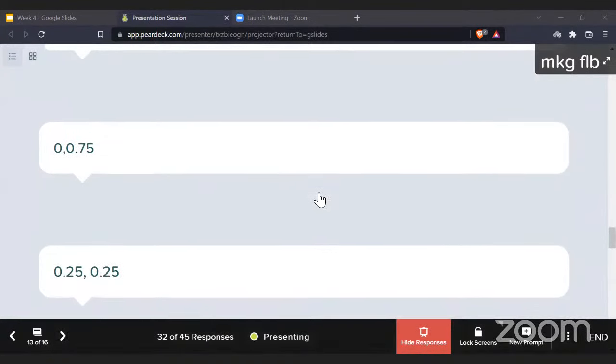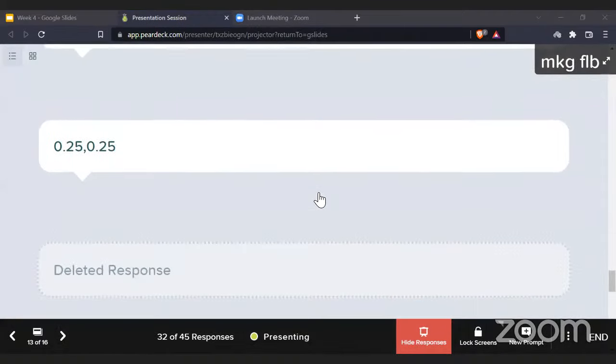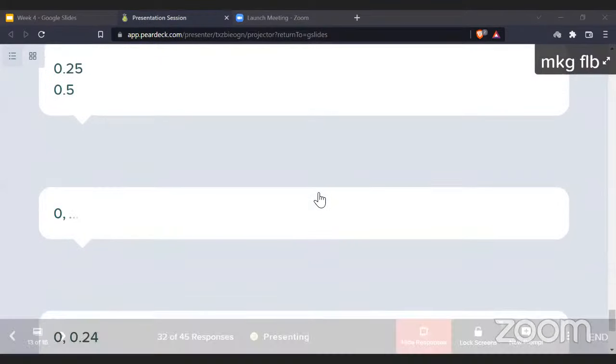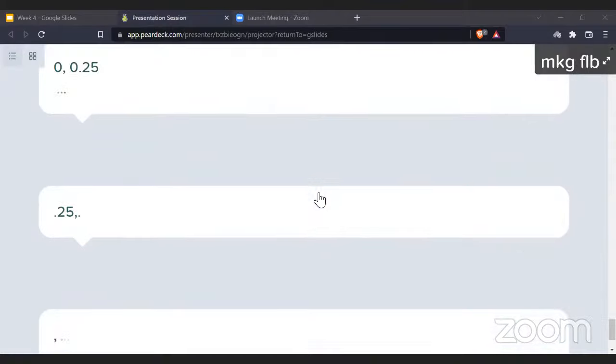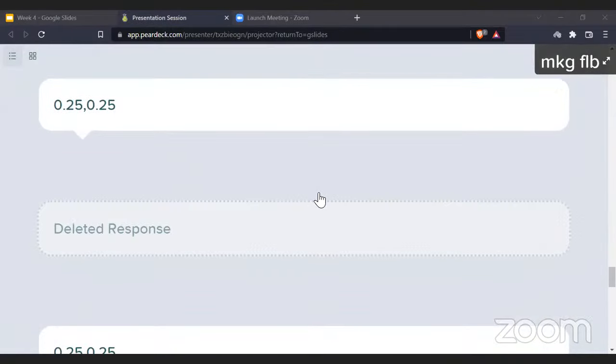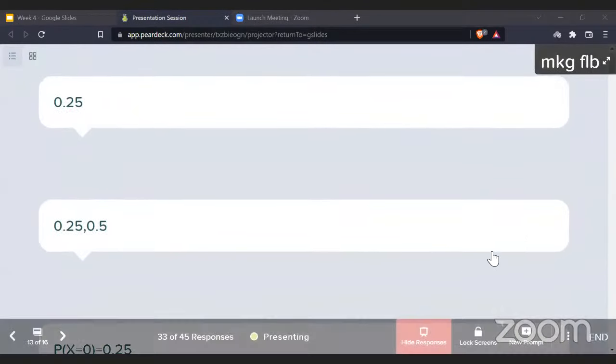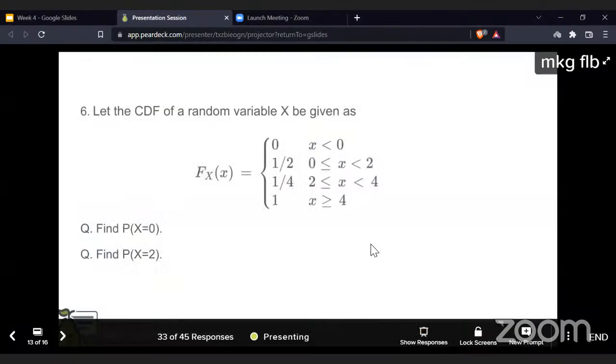So there are many different answers I could see here. Can somebody explain what is probability x equals 0?